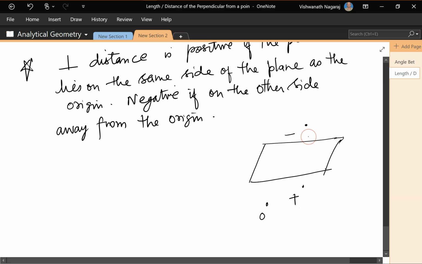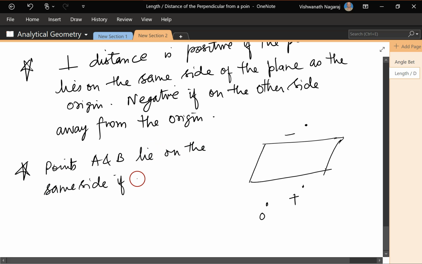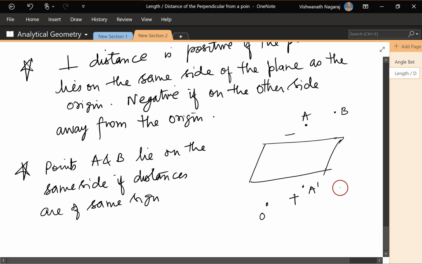If it is on the same side as the origin, this would be positive and this would be negative. Now the other point: suppose we are talking of two points A and B on the same side, if distances are of the same sign. So basically, let's say this is A, this is A prime. Let's say we have another point here, B and B prime.